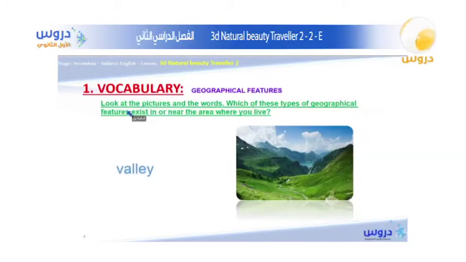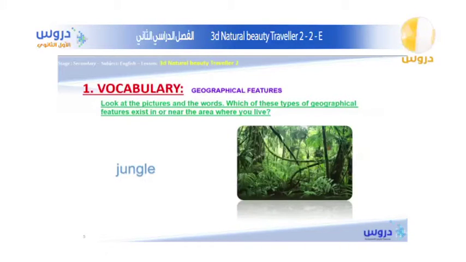Okay, here we have some vocabulary related with geographical features. Look at the pictures and the words. Which of these types of geographical features exist near the area where you live? So the first one is valley. The second one is jungle, a lot of trees.